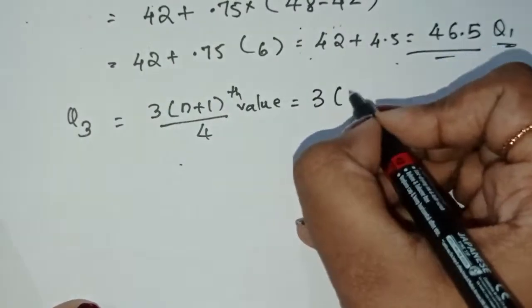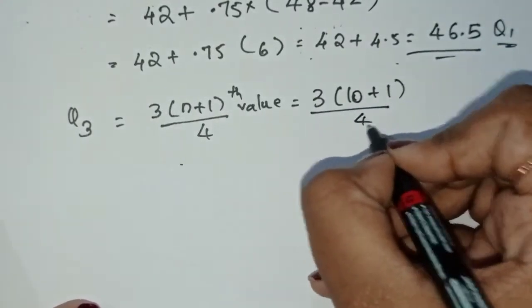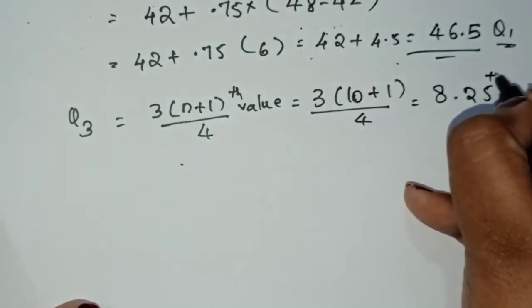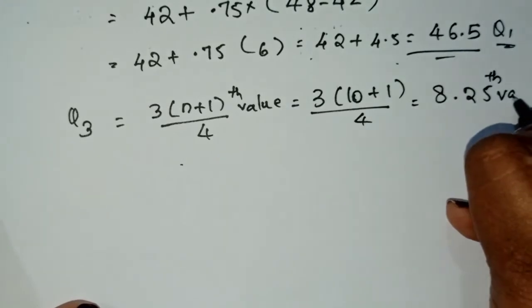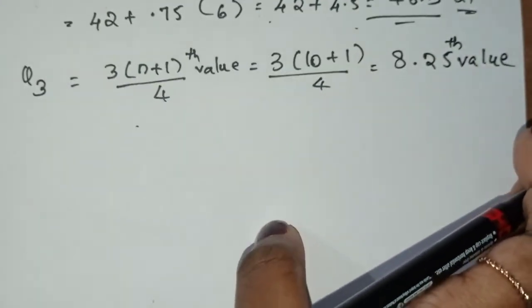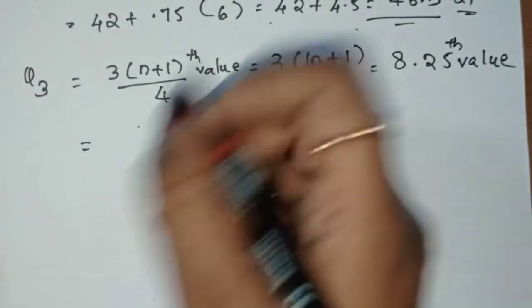That is 3 into 10 plus 1 whole divided by 4. That is the 8.25 value, which is equal to the 8th value.